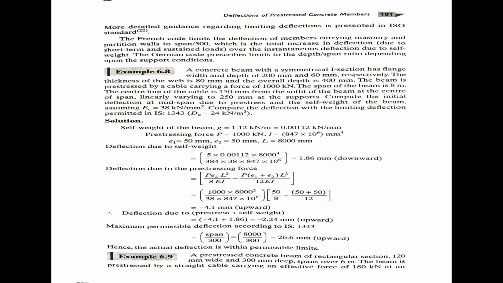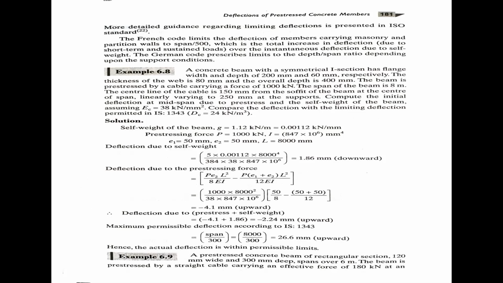A concrete beam with a symmetrical I section is given. The I section has a flange width and depth of 200 mm and 60 mm respectively. The thickness of the web is 80 mm and the overall depth is 400 mm. The beam is prestressed by a cable carrying a force of 1000 kilonewtons. The span of the beam is 8 meters, with eccentricity linearly varying to 250 mm at the supports.